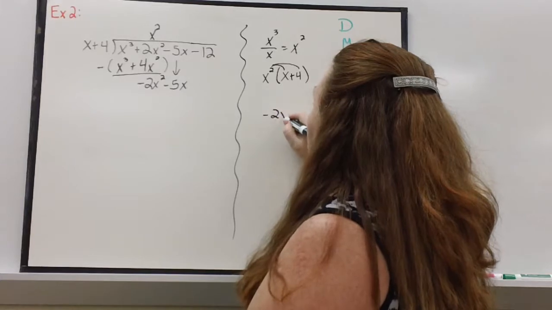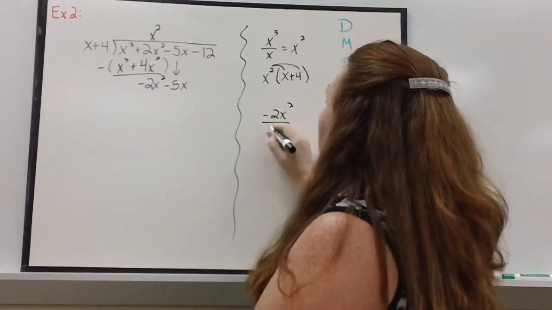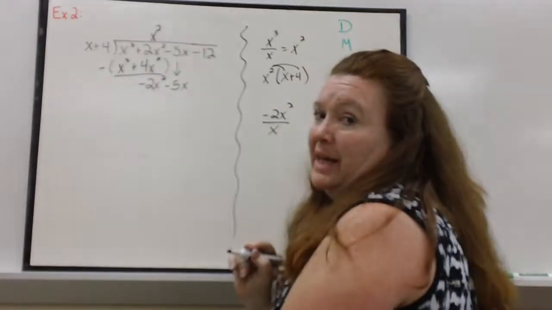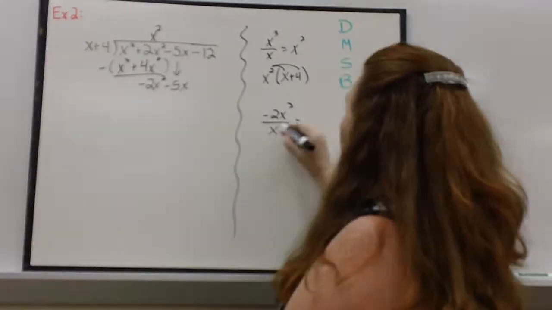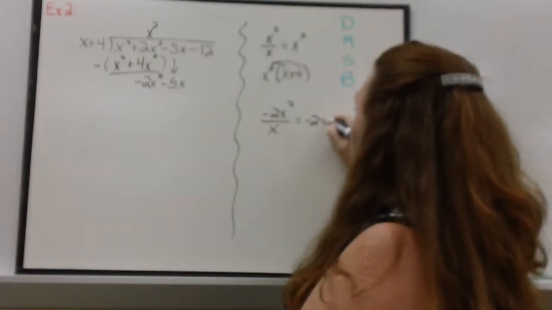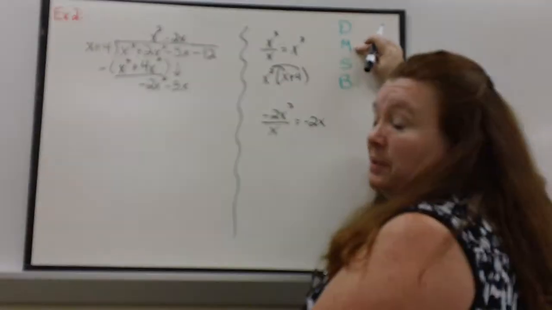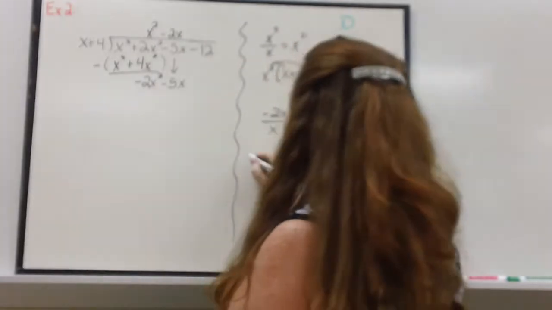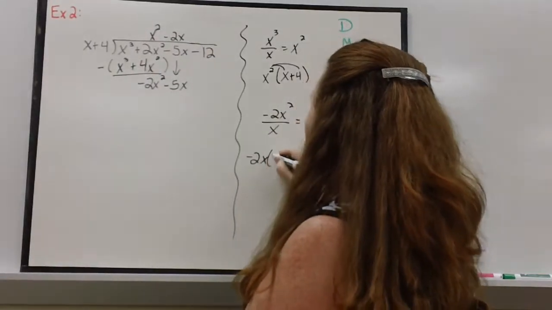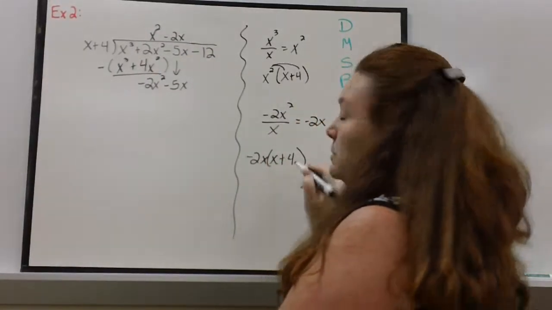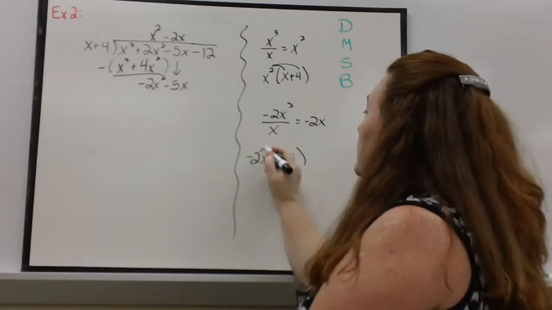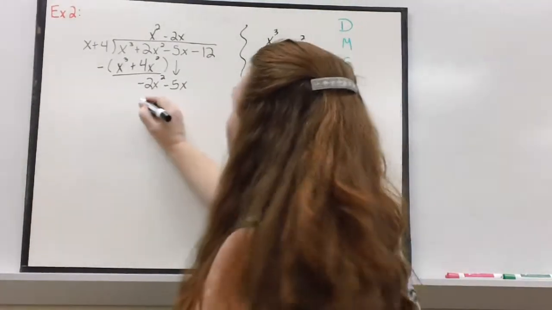Negative 2x squared divide by x. And I get negative 2x. So I'm going to write that up here. Then I'm going to multiply negative 2x times the entire x plus 4. Distribute. Negative 2x squared.